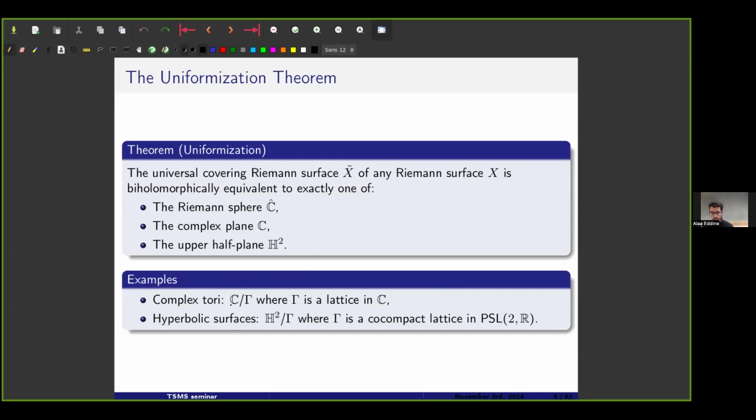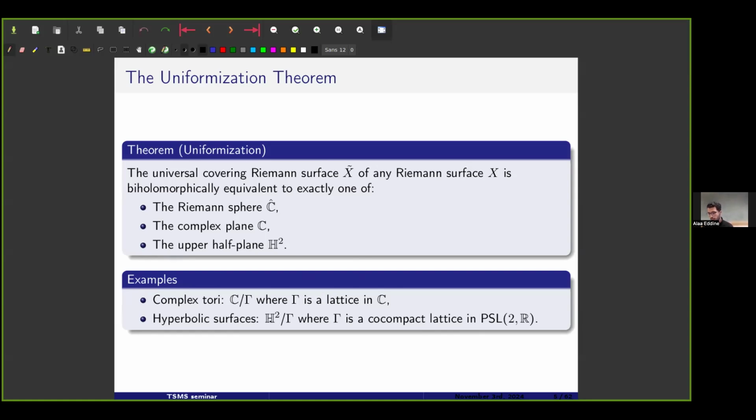So for example, for elliptic curves, we know that a lattice in C, so just translations, preserves the flat metric. So we can induce a flat metric on any elliptic curve or any complex torus. And for hyperbolic surfaces, the magical thing that happens is that the group of biholomorphisms of the upper half plane as a Riemann surface is exactly the group of isometries that preserves the orientation on H2 for the hyperbolic metric.